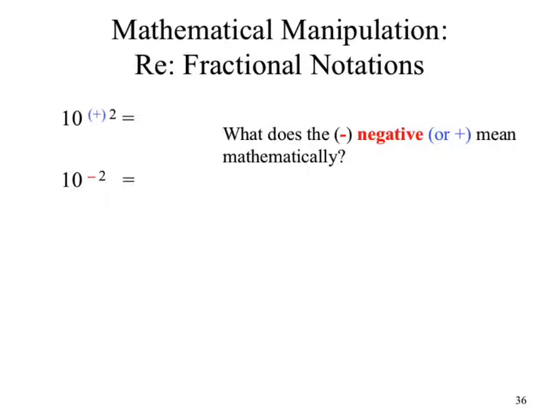This one almost always seems to kind of boggle people's minds a little bit, so let's approach this a little bit carefully. What does the negative or positive mean? It's actually a really challenging concept, and believe it or not, it tends to break most students when dealing with anything numeric. The positive really doesn't mean anything.